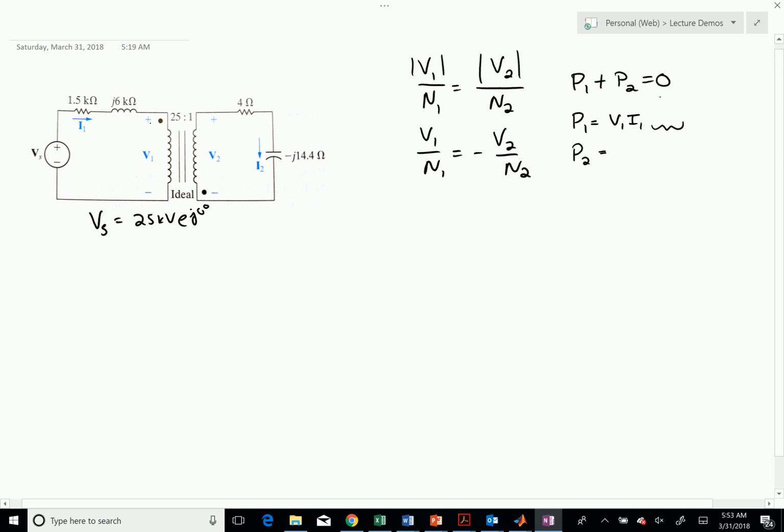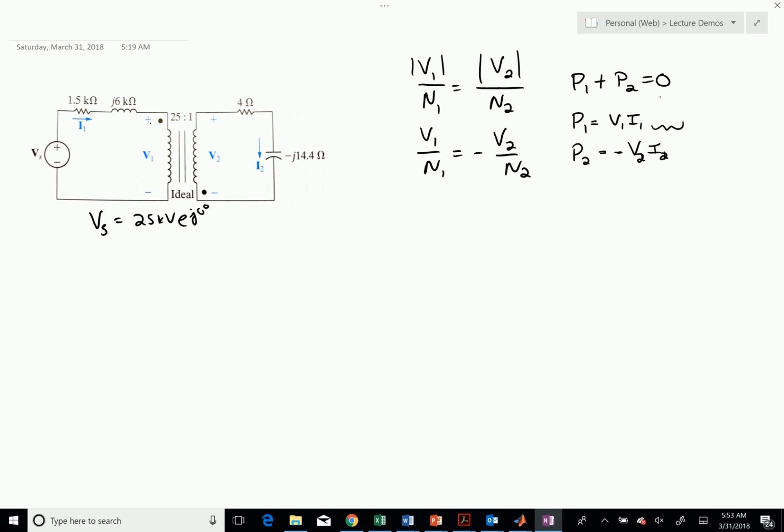On the secondary side, I have a current flowing out of the plus sign. So this is negative V2 I2, right? Because the current's flowing out like that.